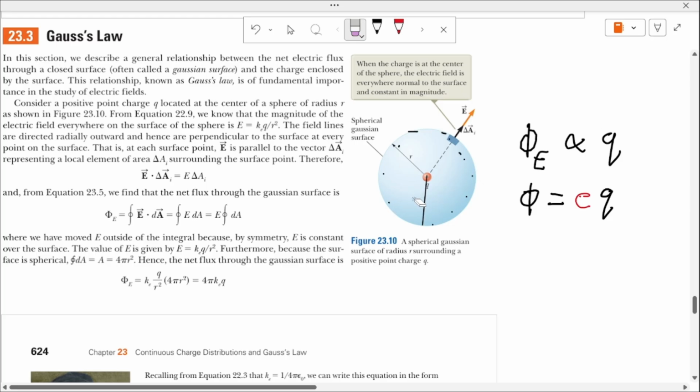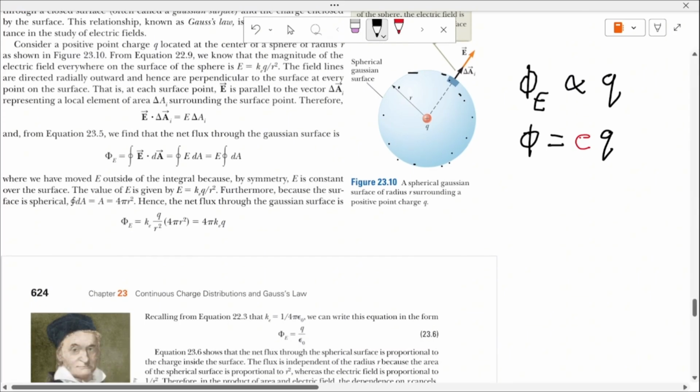And since, by definition of a sphere, the distance from the edge of the sphere to the center is the same at all points on the surface, we know the electric field is constant over our integral, and we can pull it out. Now we're just left with the integral evaluated over the closed surface, our sphere, of dA, which is simply the surface area of the sphere.